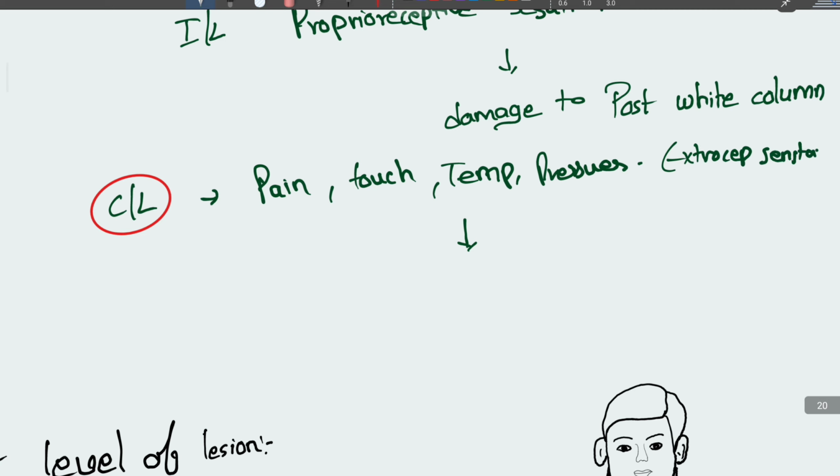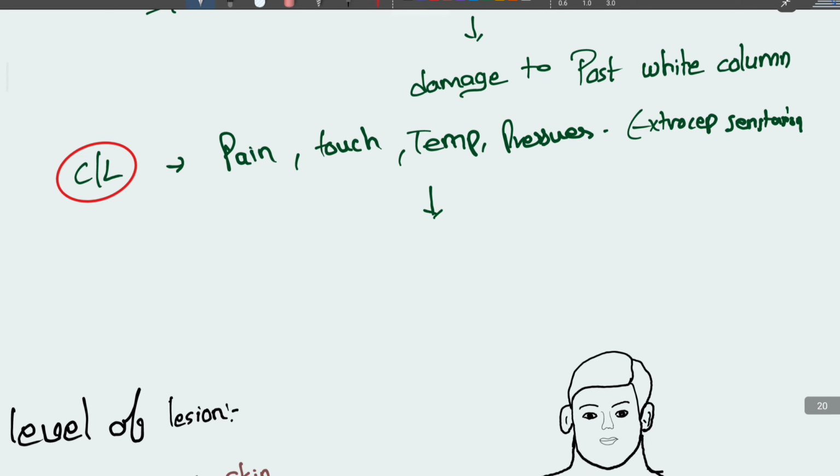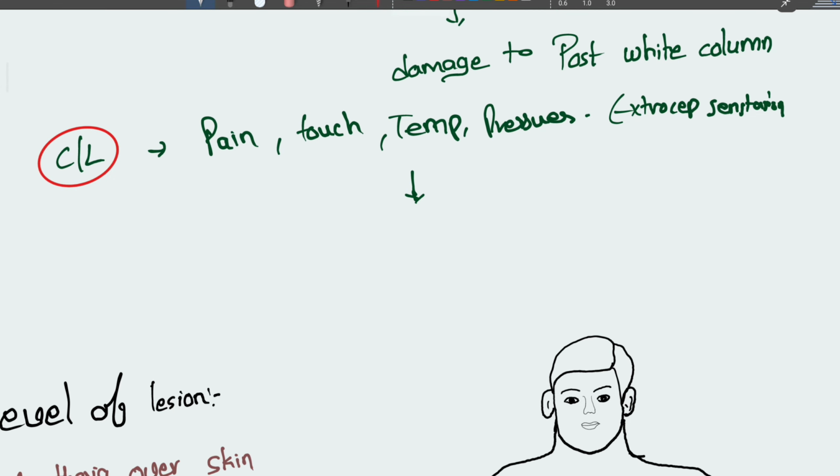These sensations are carried by which tract? Exteroceptive sensations are carried by the anterior and lateral spinothalamic tracts.